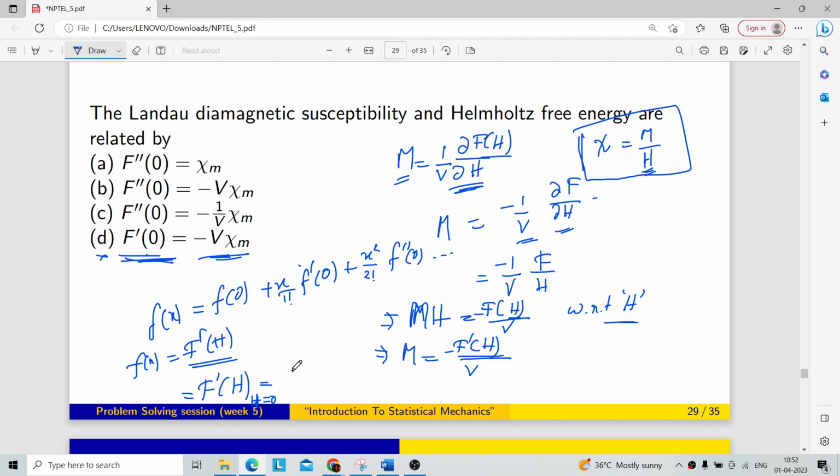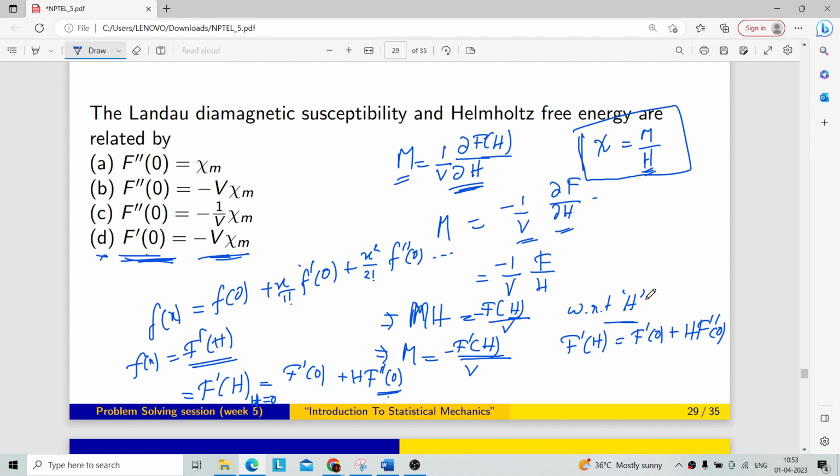I will get F prime of 0 plus H into F double prime of 0, right.